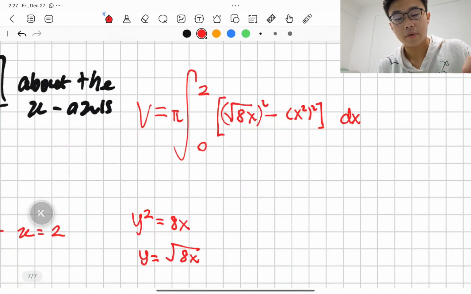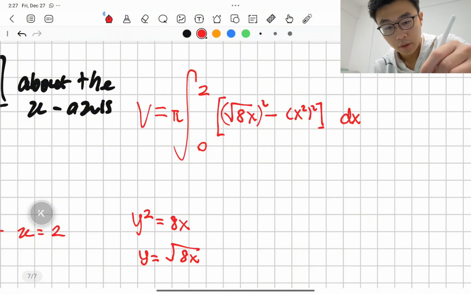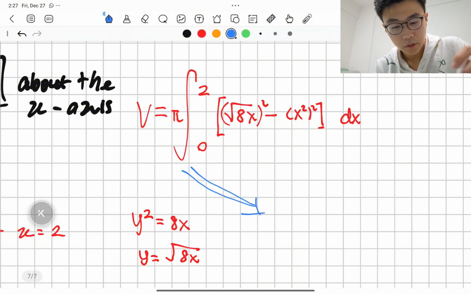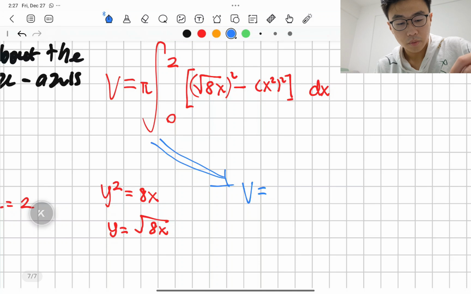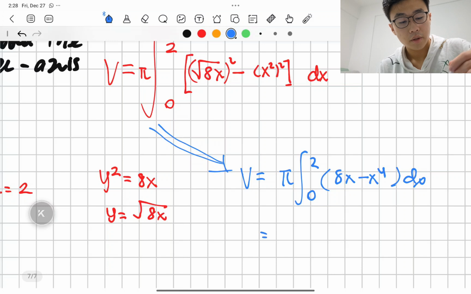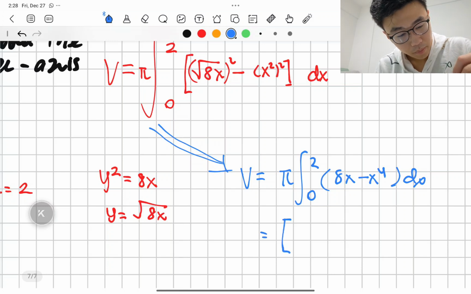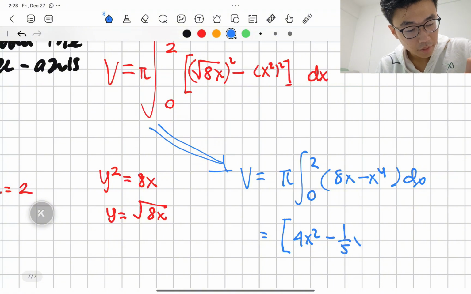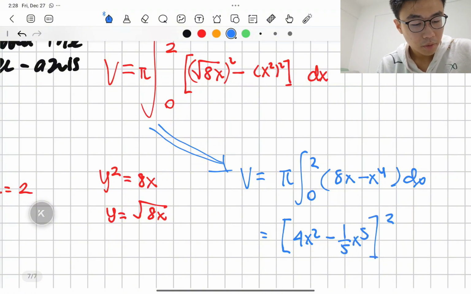Now we can find the result here. I'll use a different color. So V is equal to pi times the integral from 0 to 2 of 8x minus x to the power 4 dx. We integrate this and we get 4x squared minus 1 over 5 x to the power 5, from 0 to 2, times pi.